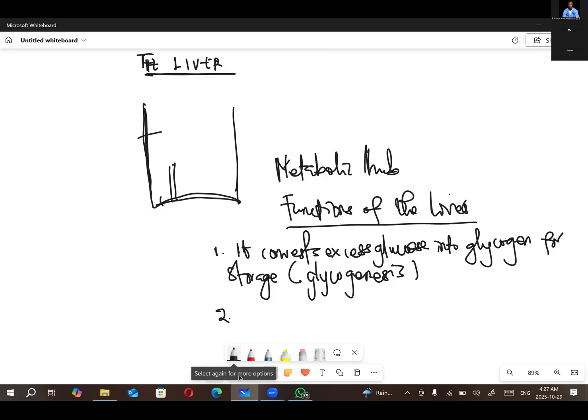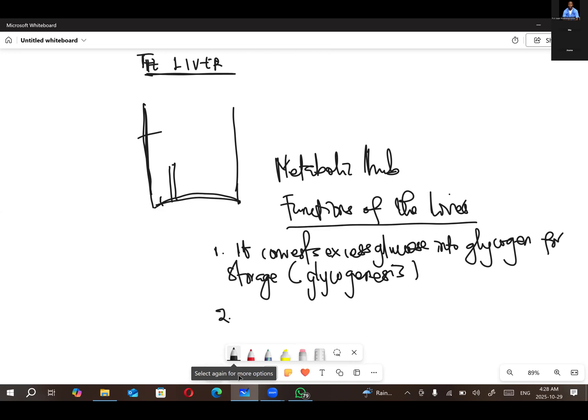When you take in food, after it goes through the digestive tract and is acted upon by a series of enzymes, the end product of digestion is glucose. When there is excess glucose in the body, the liver converts glucose to glycogen for storage.